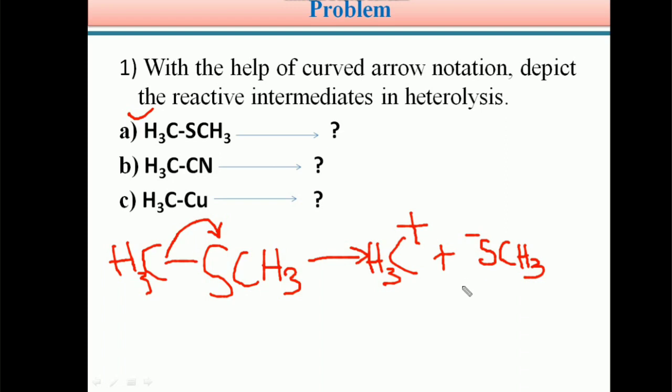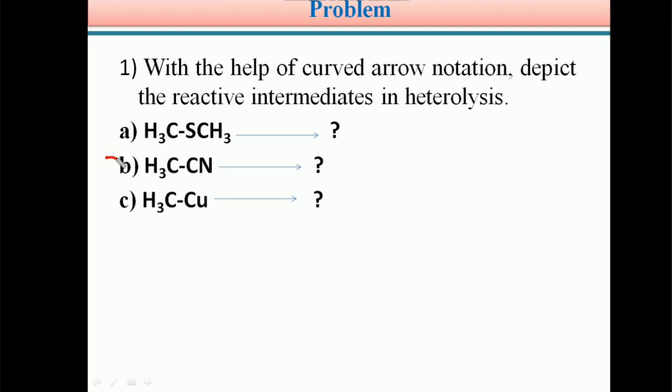So students, CH3SCH3 on heterolysis gives CH3 plus, the methyl carbocation, and SCH3 minus anion as intermediates.